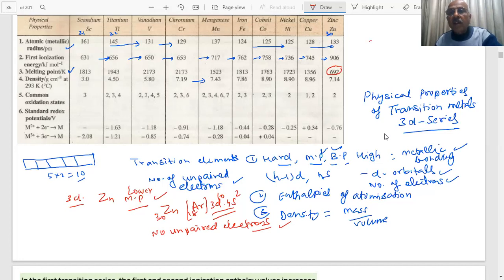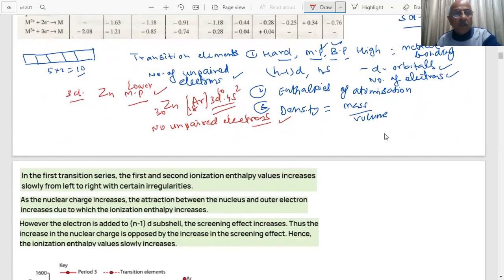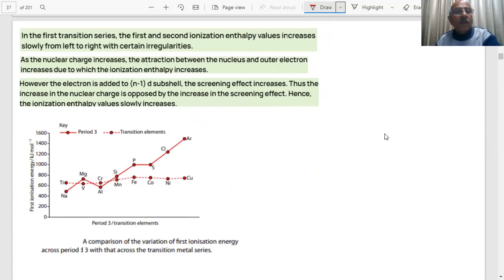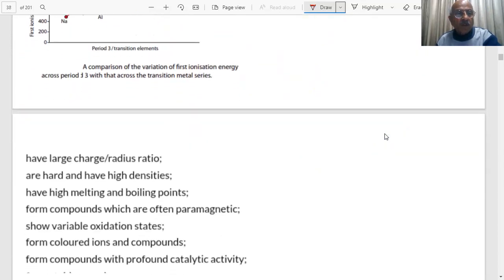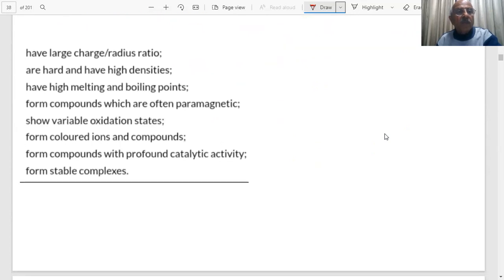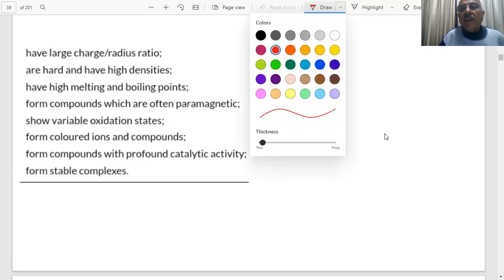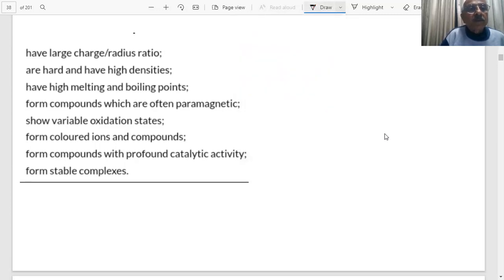Okay, we proceed further, student. This we already told you. So, what are the general characteristics, the general properties of the transition elements, students?